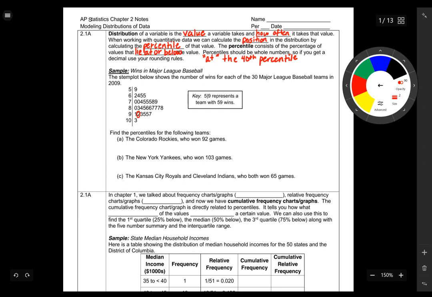There are 5 teams who won more games than the Colorado Rockies, so you have to count the Colorado Rockies and everyone below them. Since they're in the 25th position, it's 25 out of 30, and if you calculate that, that's the 83rd percentile.